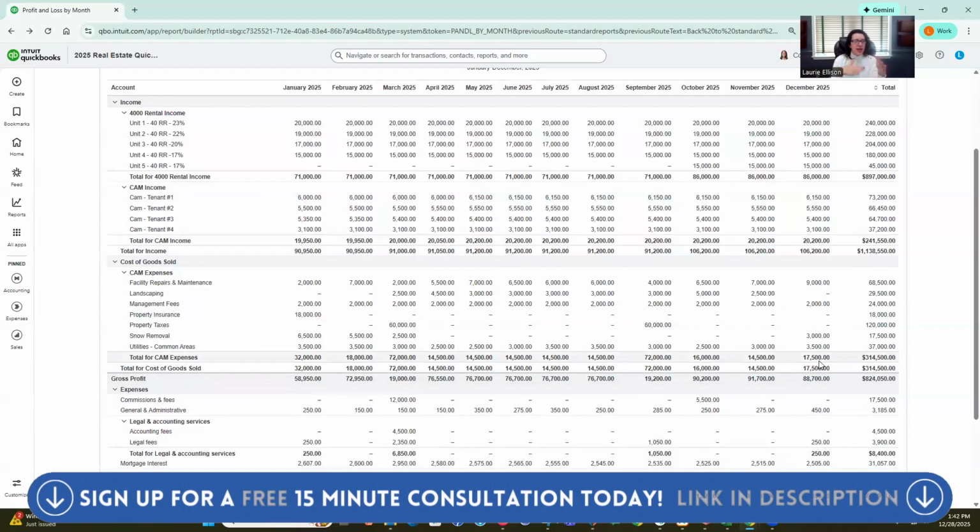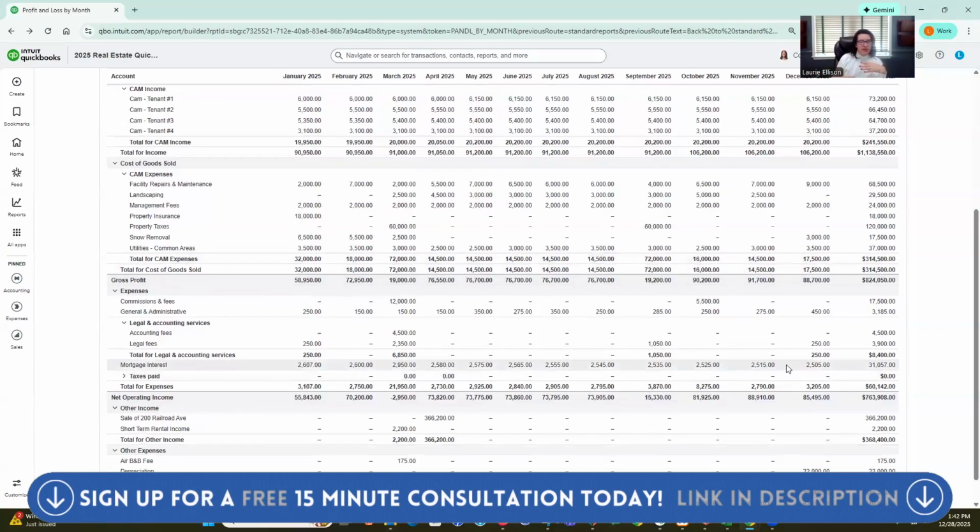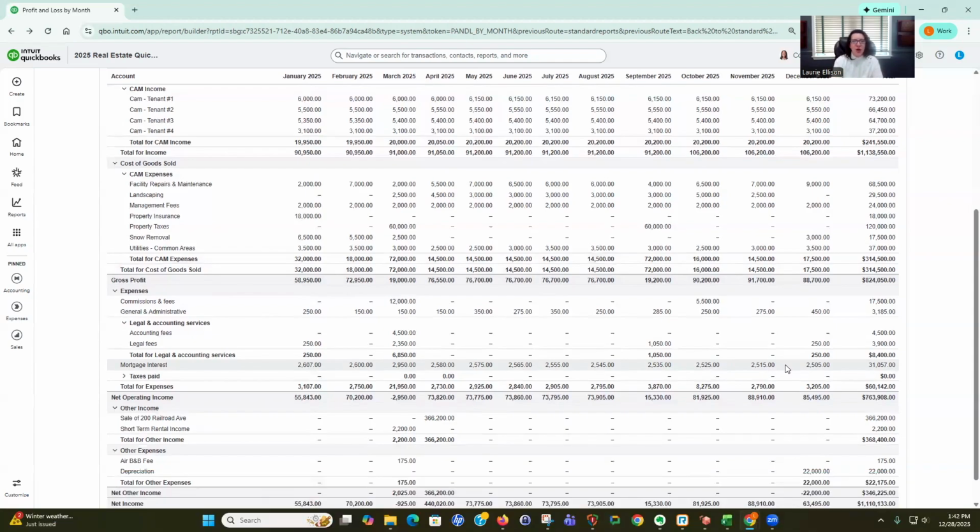But again, CAM expenses, if you put them up in your cost of goods sold, that way it's at the top. You're able to see better what your gross profit is. And then you can go and look at the other allowable expenses that are tax deductible, but that aren't allowed in your CAM reconciliation.